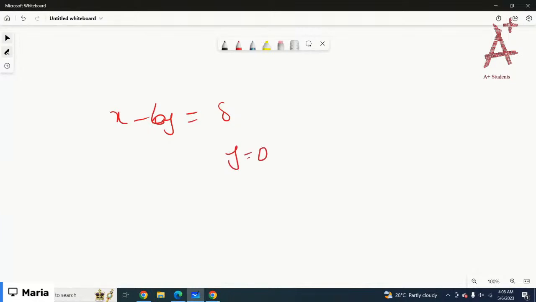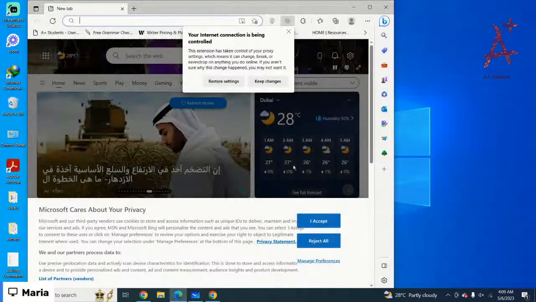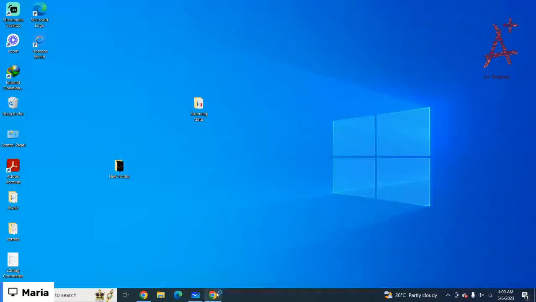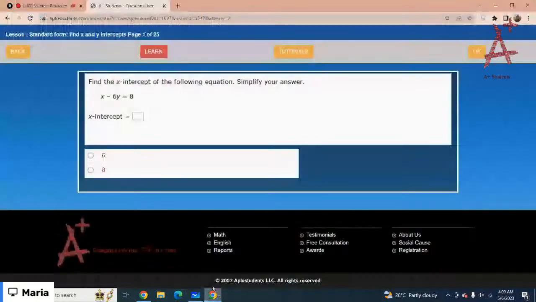So it would be x minus 6 times 0 equals 8. 6 times 0 is 0, so you're left with just x, and x equals 8. So the correct option is x equals 8.